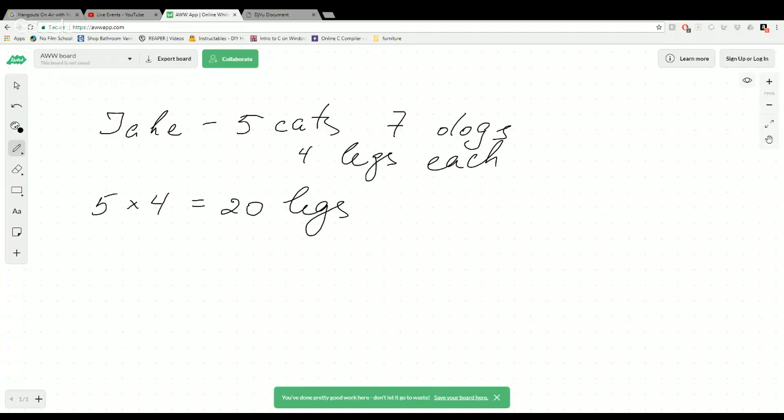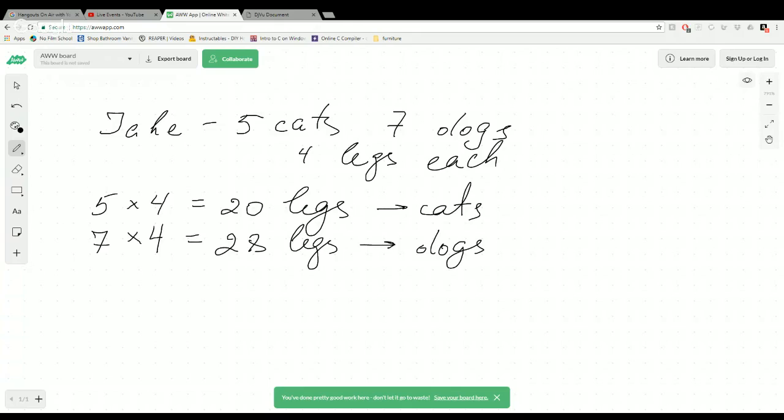Second question, how many legs total do the dogs have? It's a similar question. You have 7 dogs. Each one has 4 legs. And so 7 times 4, and you have 28 legs. Third question, how many animals are there? Well, we had 5 cats, 7 dogs, so in total we have 5 plus 7, which is 12 animals.